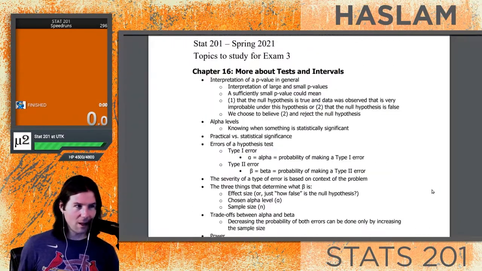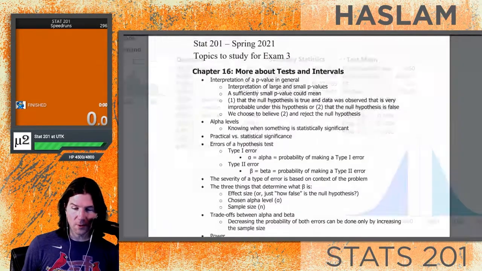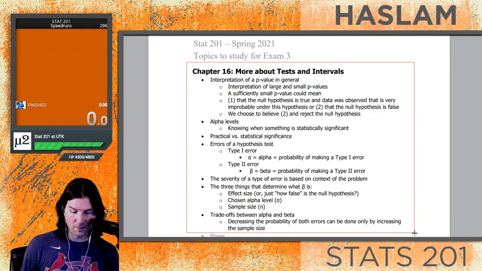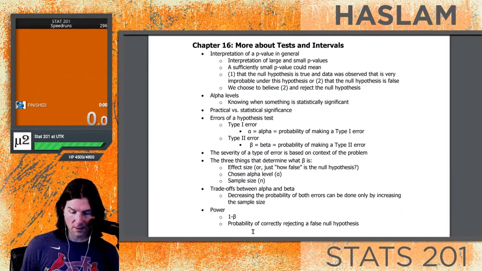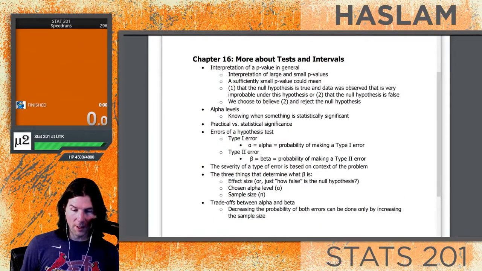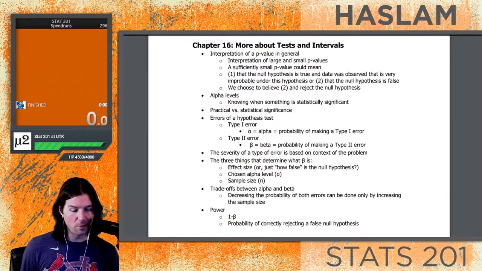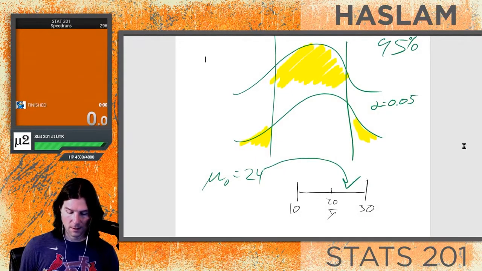Okay, let's go ahead and grab some of this and start talking. I feel better about this chapter. I feel like 30 minutes is going to be more than enough for this chapter. I think that's everything. I think we can get it all, because it ends with power. Let's grab all of this right here. Say hey if you are in the chat. Let's reboot MuBot, and let's start the speed run.